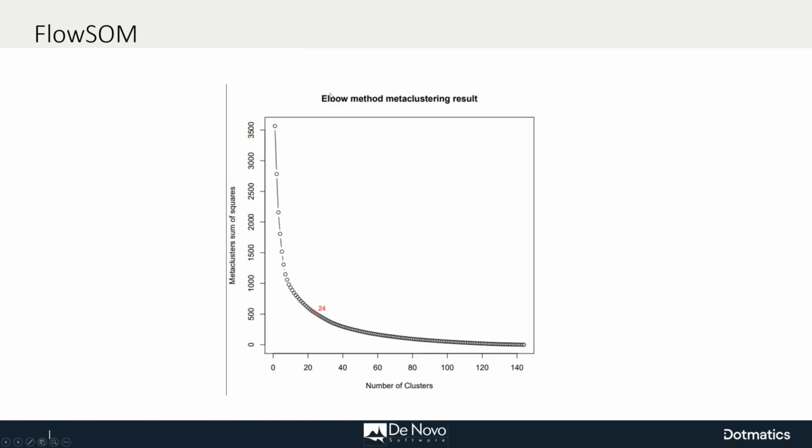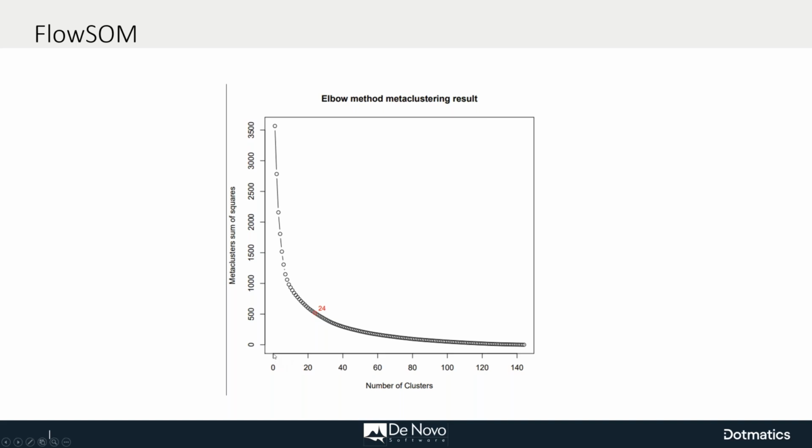So what I'm going to talk about here is why I actually don't recommend having FlowSOM guess. The elbow meta clustering, the default option there, basically all it does is it looks at the y-axis here, which is heterogeneity, and the x-axis is number of clusters.